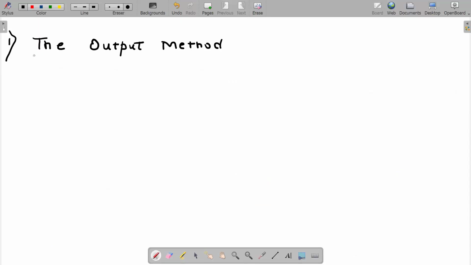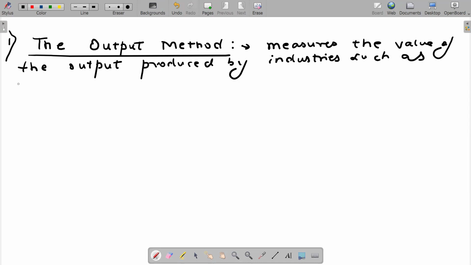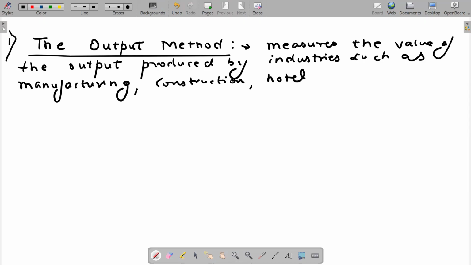The output method measures the value of the output produced by industries such as manufacturing, construction, hotel and catering, and one more example could be agricultural sectors.